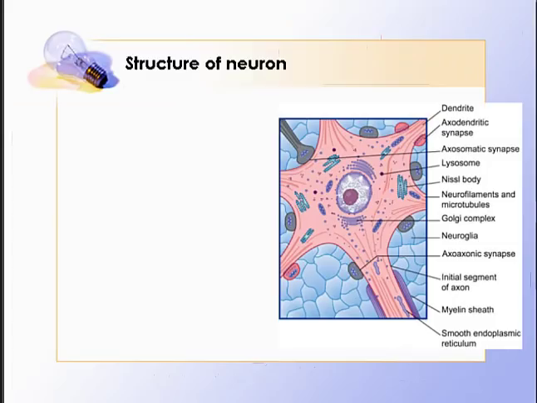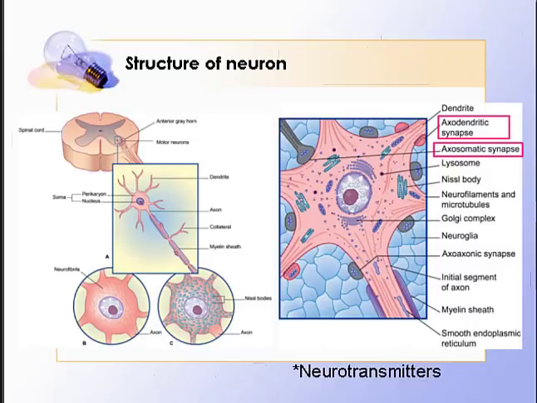Now let's look at the structure of a neuron in a little more detail. And here we can see this is showing you a multipolar neuron taken from the gray matter of the spinal cord. So you can see that this is the cell body, and if you look at the cell body a little more clearly, you have the cytoplasm, and then inside the cytoplasm you have tiny filaments and tubules present, which you can see here as thin lines.